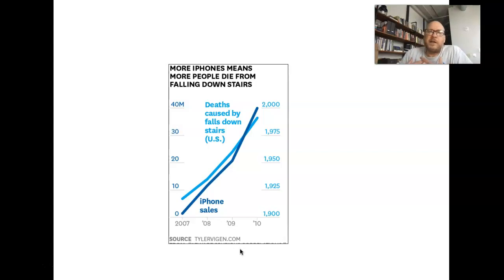So this shows, it's not a scatter plot, but it shows a very high correlation between iPhone sales and the number of deaths caused by falling down stairs in the United States. Now, the first thing that I thought when I read this was, that's because a bunch of idiots are looking at their iPhones going down the stairs, something that I've nearly killed myself doing a few times.